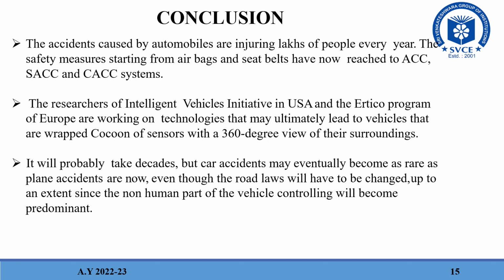It will probably take decades, but car accidents may eventually become as rare as plane accidents are now. Even so, the road laws will have to be changed to some extent, since the non-human part of vehicle controlling will become predominant.